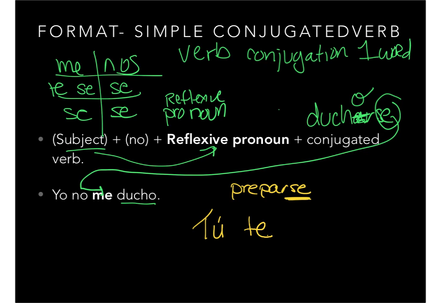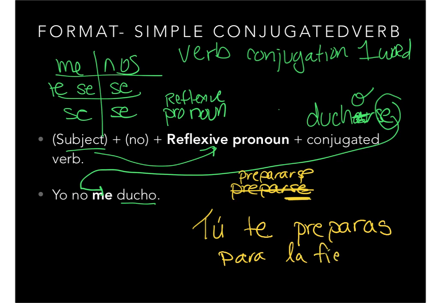And then I have the verb, prepararse. Let's get all your syllables in there. So we have prepar as our root. And then we're going to finish our verb. Tú te preparas para la fiesta. So you're getting ready for the party. Okay? So step 1, again, choose the correct reflexive pronoun based on your subject. And step 2, conjugate your verb.